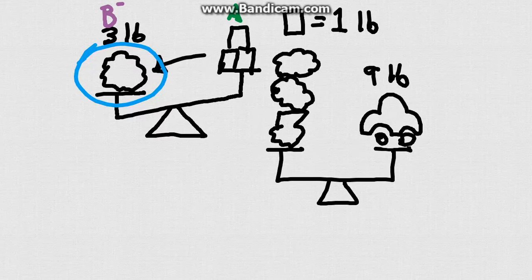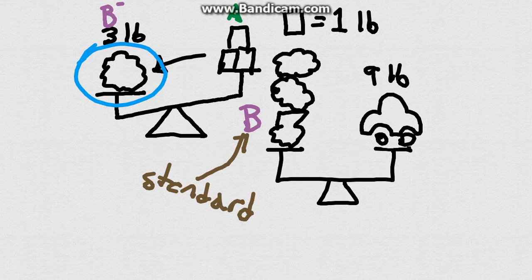And then we used that base that had now been standardized. So that's where everyone kind of got mixed up, is this base is your now standardized base. And that just means that you now know how much it weighs, so now you can use it as a standard to find the acidity or the concentration of this unknown acid.